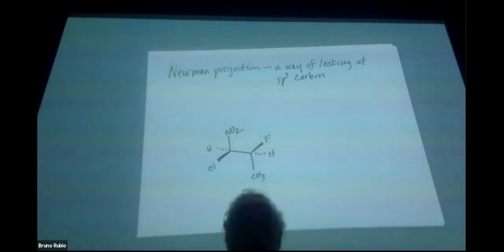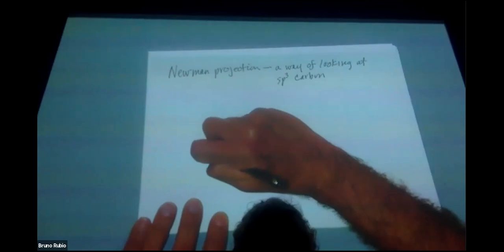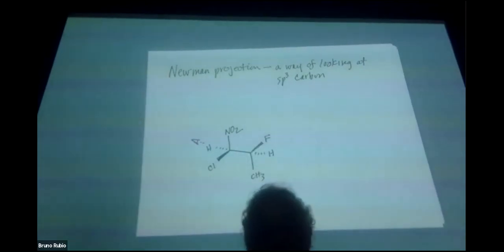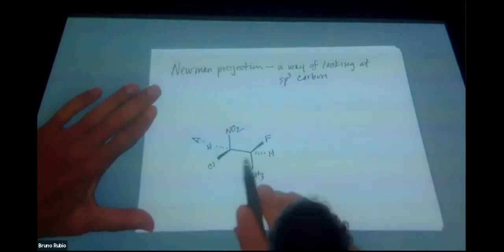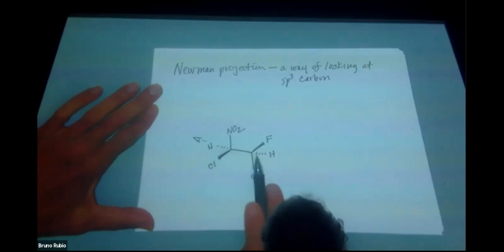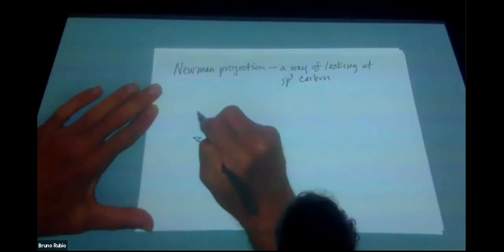Now we want to sight down a carbon-carbon bond. I'm going to put my eye over here, and I'm sighting down this bond. What do I see? The carbon nearest to me in the bond down which I am sighting is imagined to live at the center of a disk.